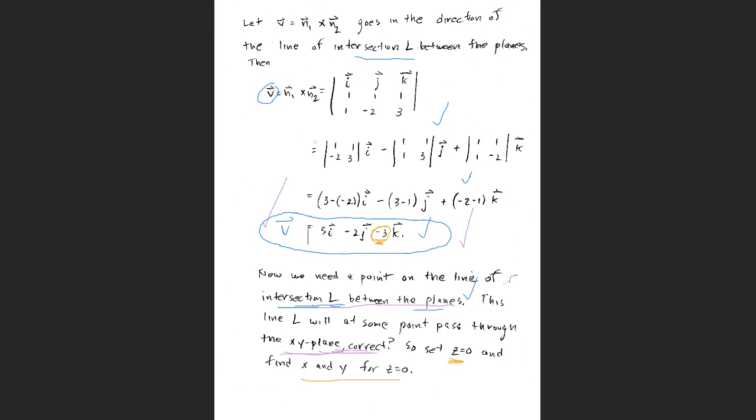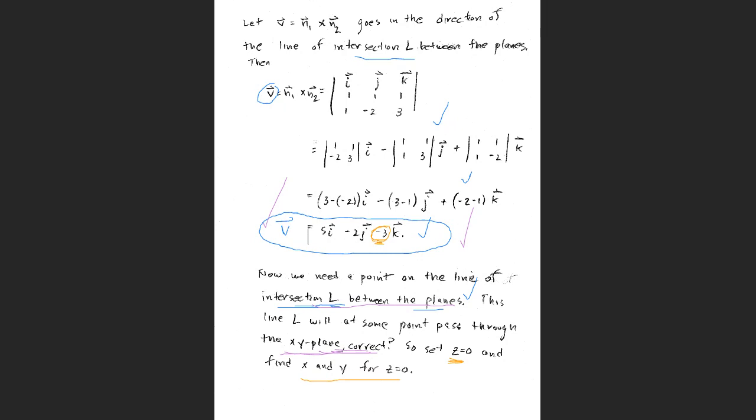It isn't a vertical line either. It has to be rising up and rising down, so to speak. So I think it's going to pass through that XY plane at some point. Does that make sense?